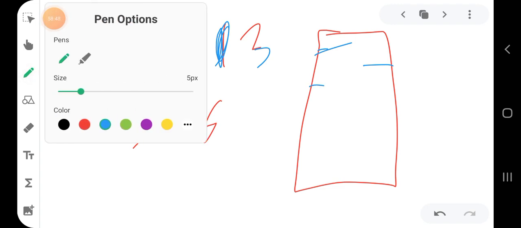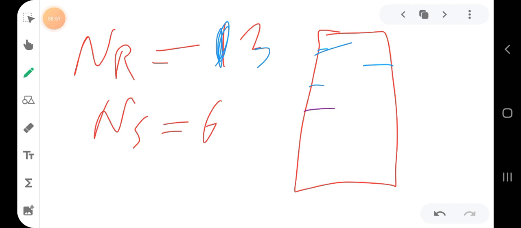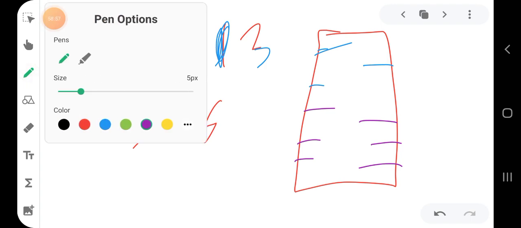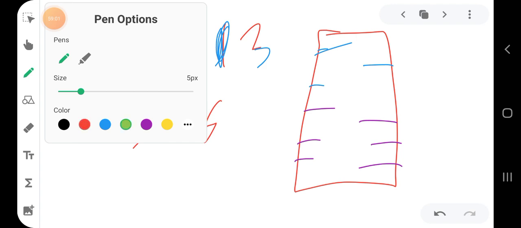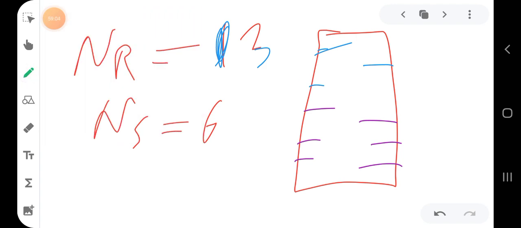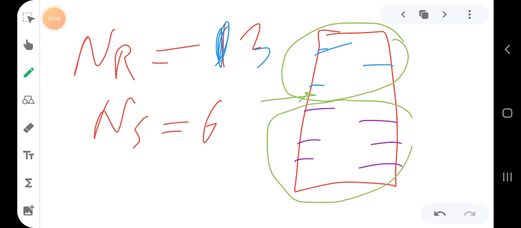So the feed stage will be somewhere in between the rectification section and the stripping section. For example, you can say it is stage number 3 or stage number 4. Of course, there is no feed between two plates; it should be either plate 3 or plate 4. At the end of the day, they are just approximate solutions.